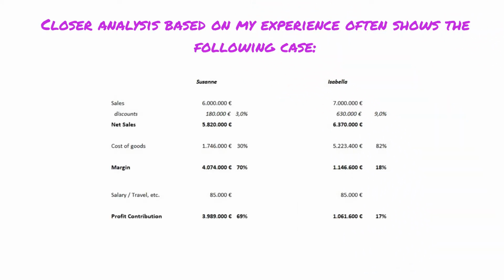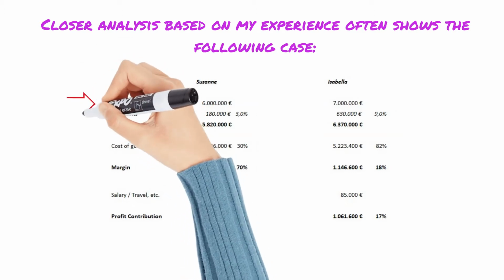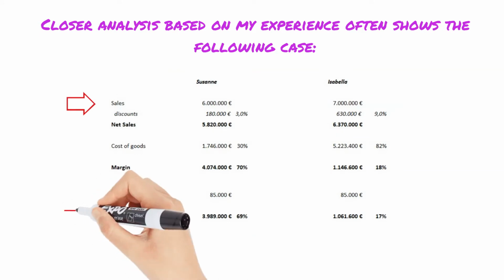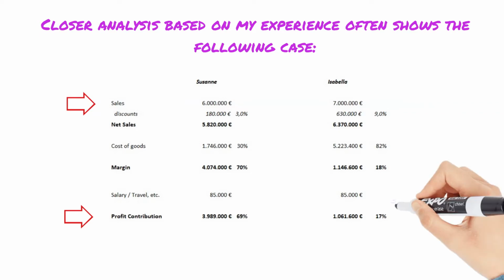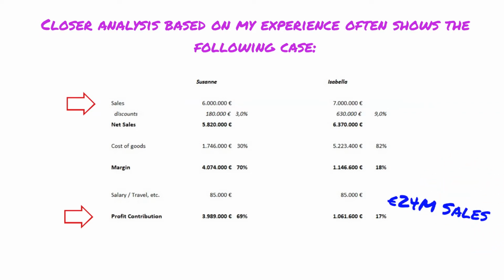As you can see, in spite of the higher sales Isabella generates, the bottom line is Susanna is creating a profit contribution of nearly 4 million euros versus 1 million euros generated by Isabella. Isabella would have to generate 24 million euros in sales in order to match Susanna's contribution. It is clear to all involved that a basic understanding of the finances is essential to evaluate performance.